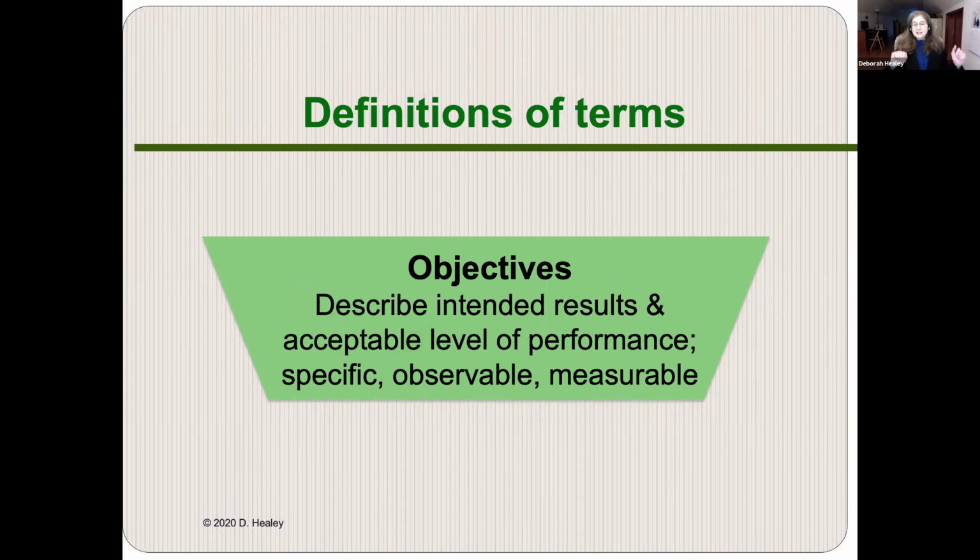The objectives will give you intended results, acceptable level of performance, and they'll be very focused. So it might be one lesson, one activity within a lesson that will have this objective. And as you'll hear several times during my presentation, they are observable and measurable.